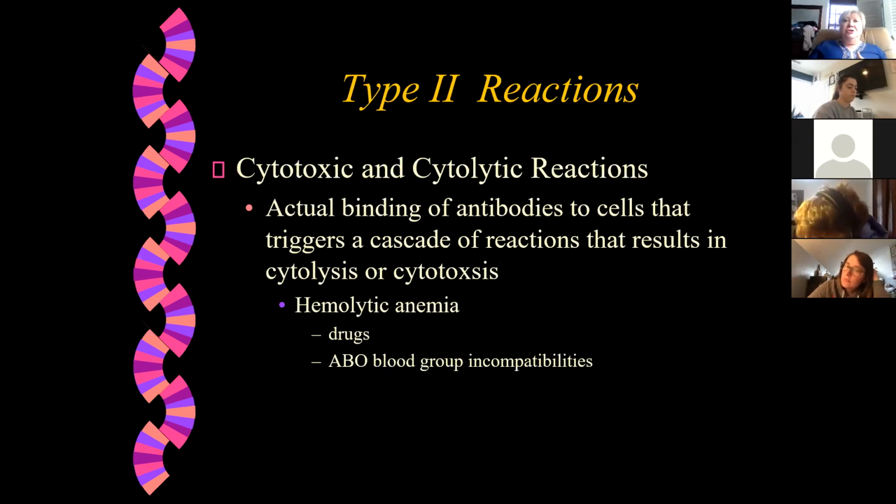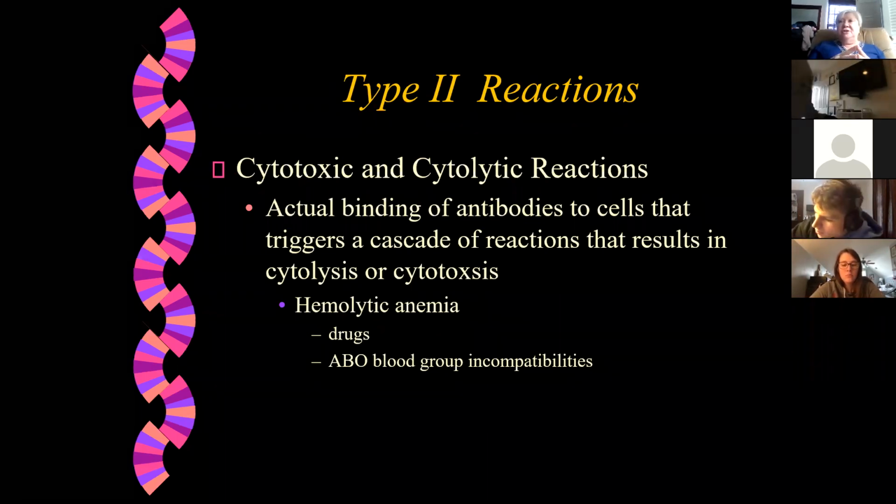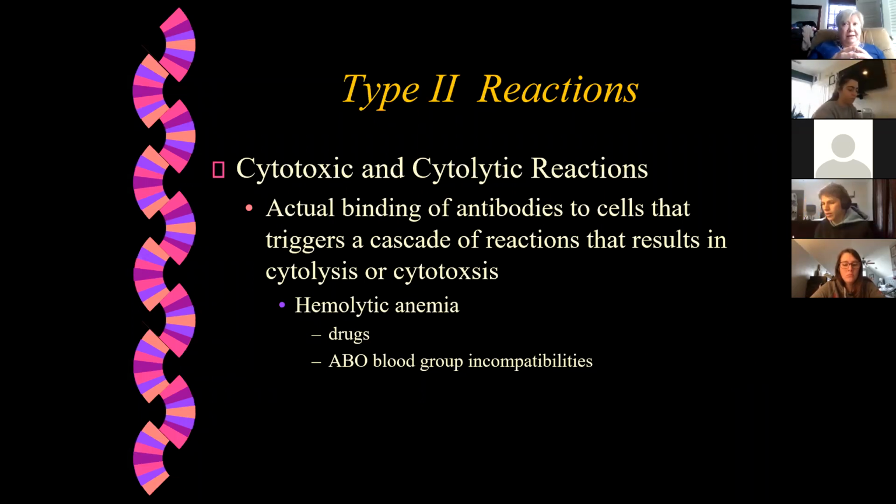Now, a type 2 reaction is a cytotoxic or a cytolytic reaction. This is where there's a binding with the antibodies on the cell wall, and this causes the cell wall to rupture. Now, this is a hemolytic reaction such that you get when you get the wrong type of blood.